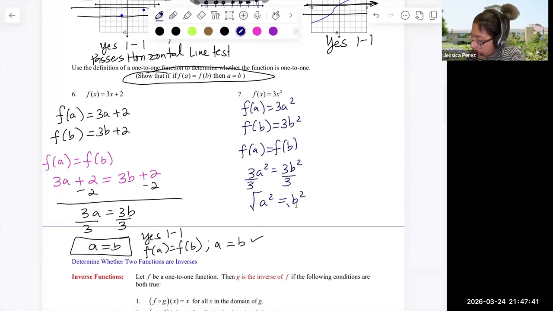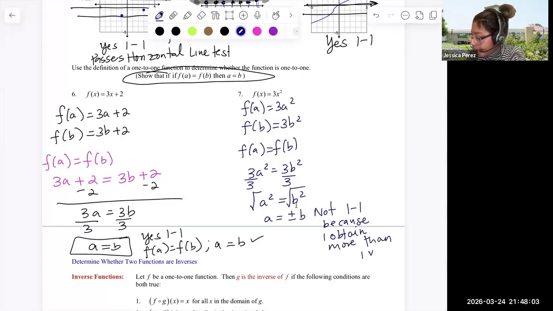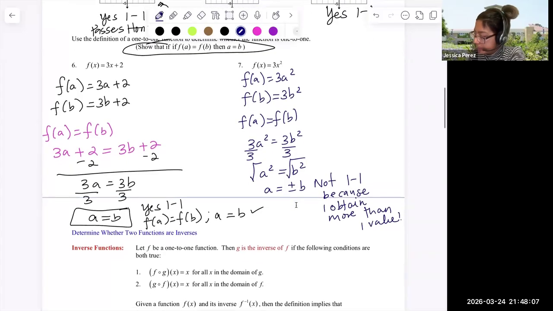If I take the square root of both sides, I get a equals plus or minus b. So it's not one-to-one, because I obtain more than one value, a plus and a minus. Again, it has to be unique, so this is not one-to-one.